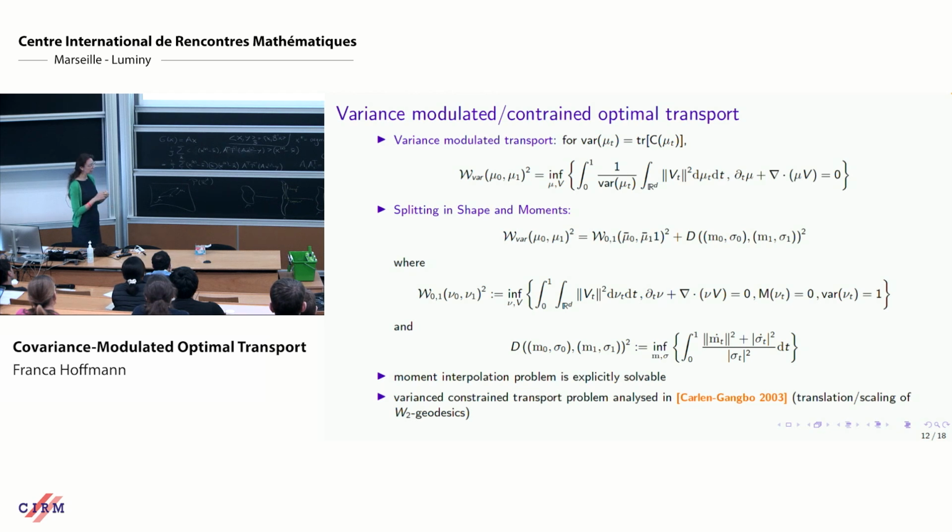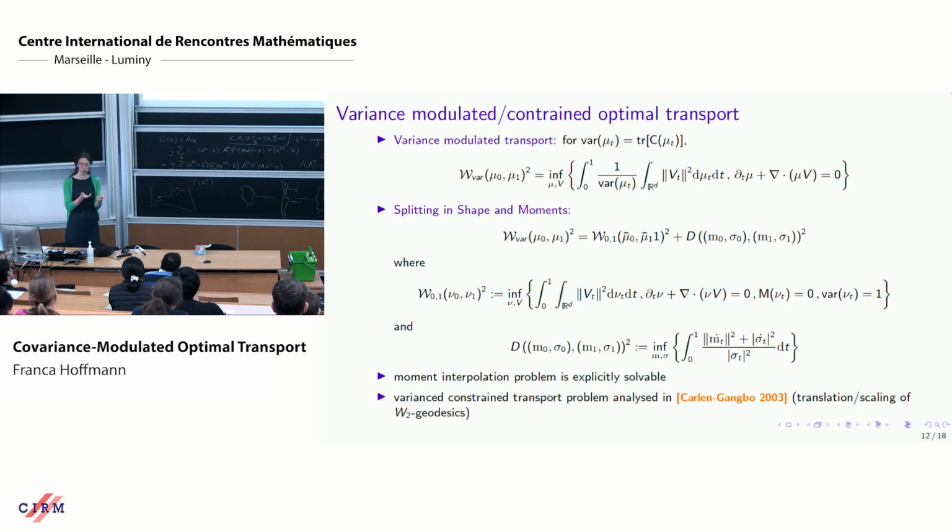And there's a very nice connection that they observed between the geodesics of this problem and the geodesics of the Wasserstein distance. Essentially, if you take your mu0 and your nu0 and nu1, you could also compute the Wasserstein geodesics between them. If you have the Wasserstein geodesic, which you know exists, then you can renormalize it.